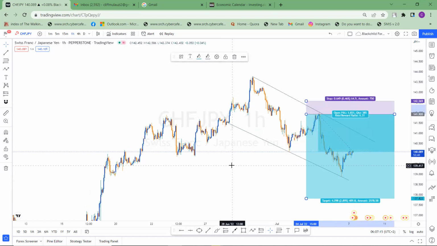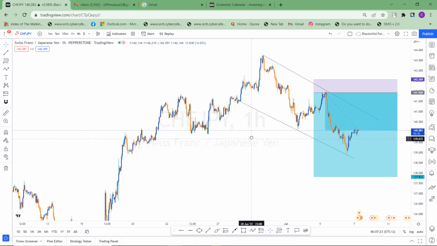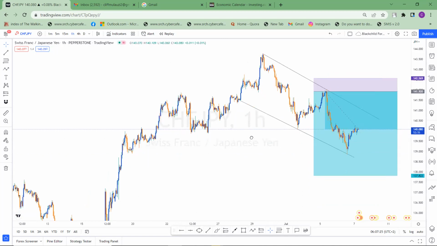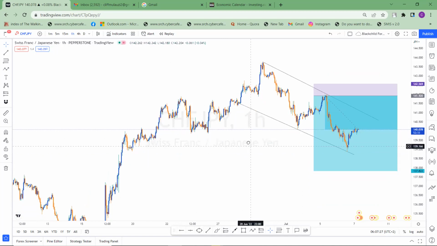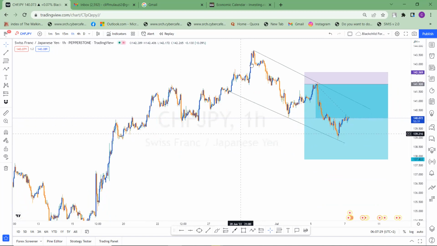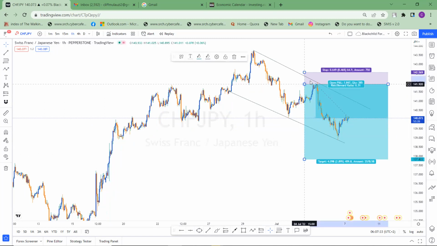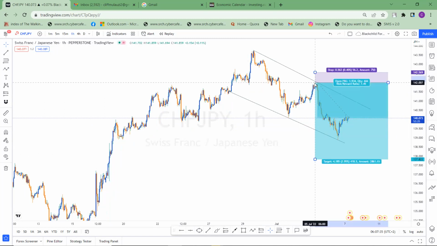Okay, so having said that, having learned about structures like these, I want to introduce you to our trading approach, right? What I was telling you here is not how we'll be trading, but this is the basic knowledge about taking trades. So now I want to introduce you to something different.